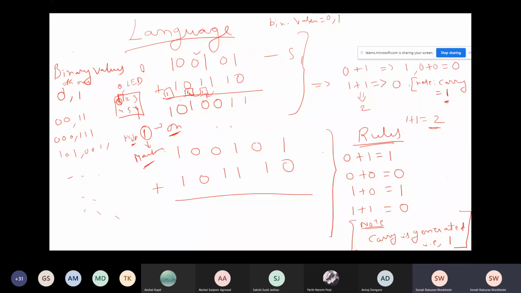So you are giving the input as 1 to the circuit, and it will understand the input is 1, so it will switch on the tube light. Similarly, when you switch it off, it takes a transition from 1 to 0. You press the button again, or you give the indication that you want to switch it off, so it turns the 1 to 0. So this is the transition.